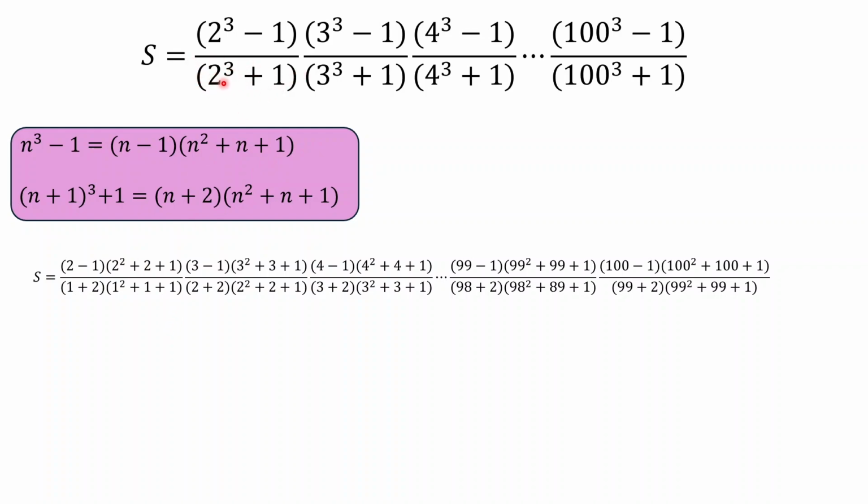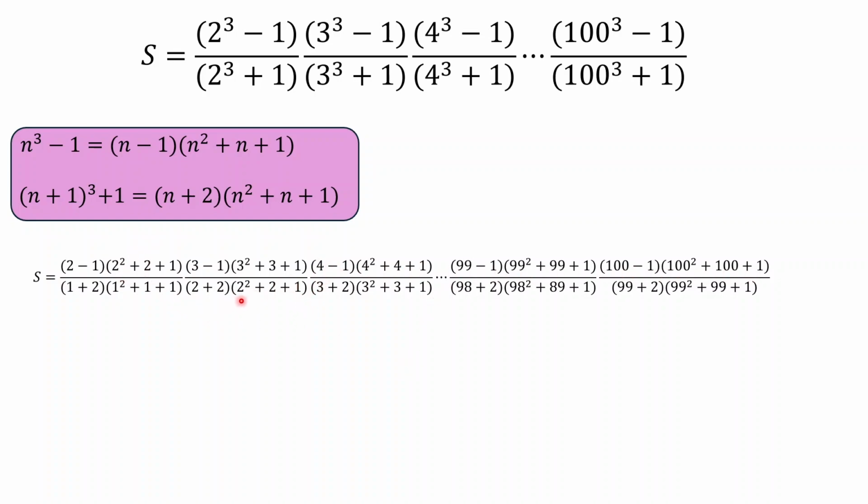So this is (1 plus 1)^3, like this. So it becomes 1 plus 2 multiplied by 1^2 plus 1 plus 1. So it's here. And then we have the next term, 3^3 minus 1. This is 3 minus 1 times 3^2 plus 3 plus 1, divided by 3^3 plus 1. We write it as, because here this is 3, so it's 2 plus 1, so it's 3. Then it's 2 plus 2 multiplied by 2^2 plus 2 plus 1. And so on, everything can be written.